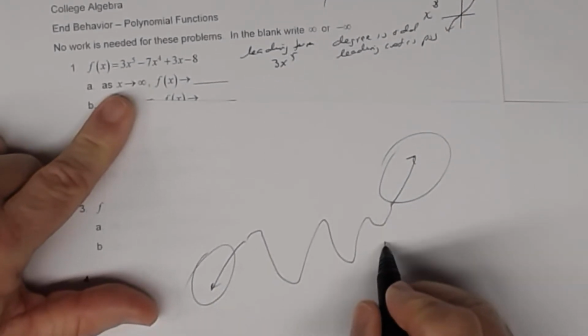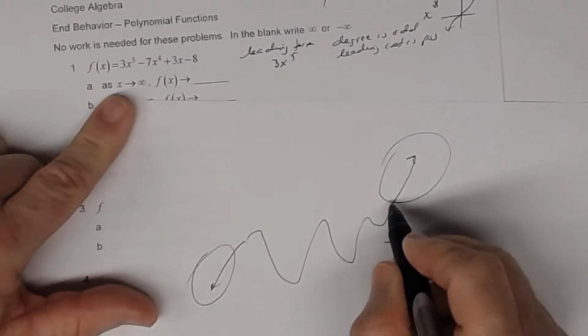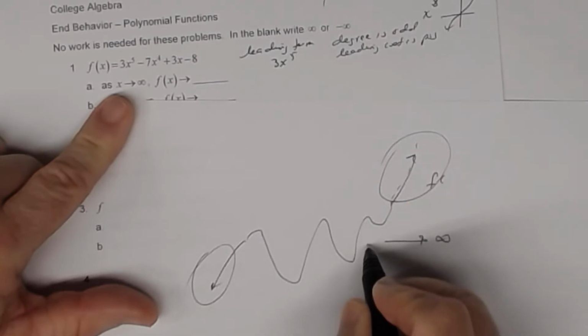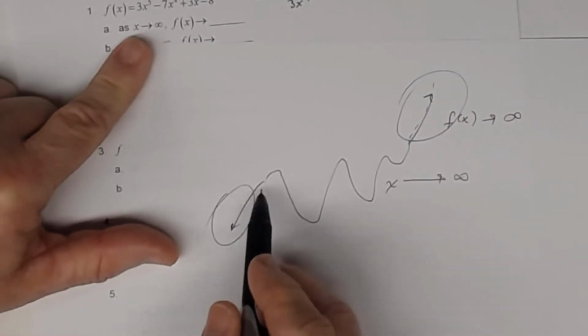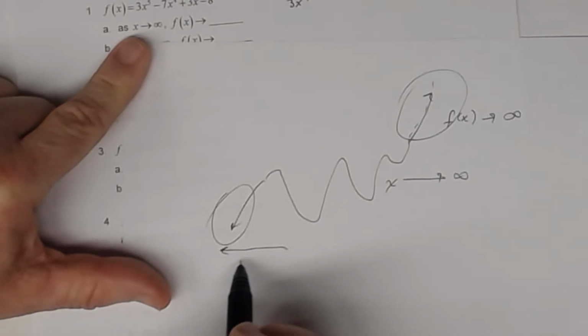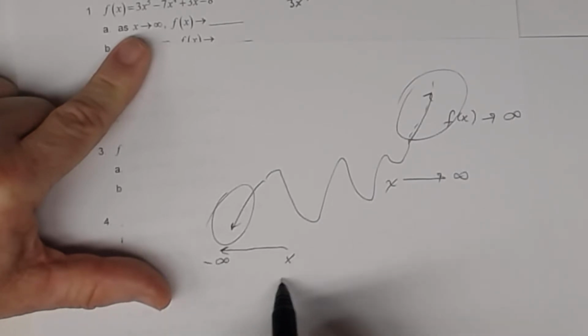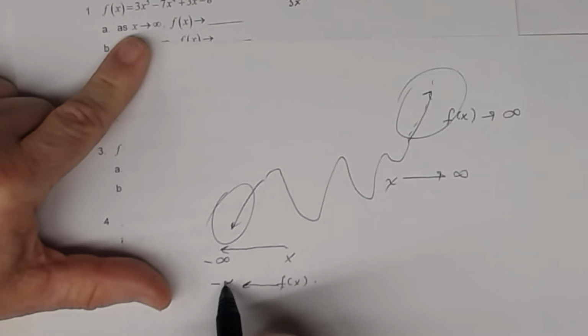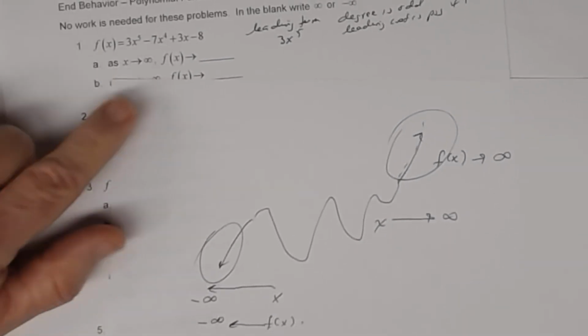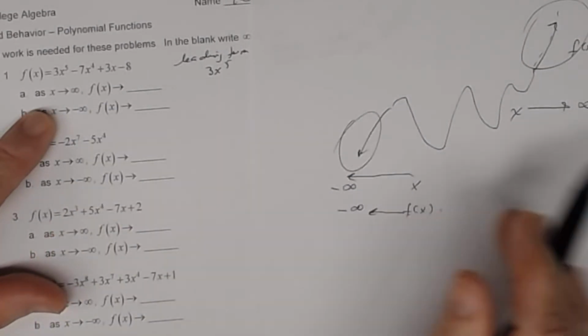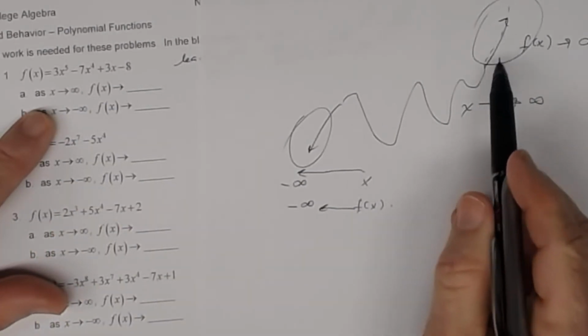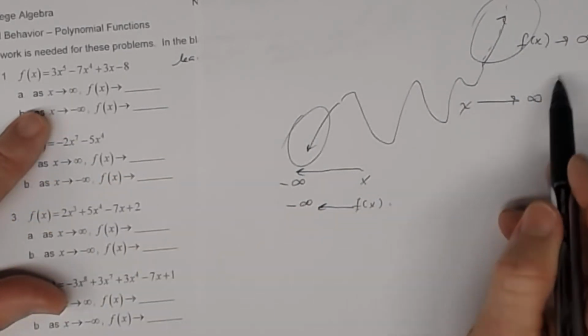So that means as x goes to positive infinity, my y values approach positive infinity. And as x goes to negative infinity, my y values go to negative infinity as well. All right, so for this answer, you're going to say as x approaches positive infinity, I know on my right, so x approaches positive infinity means what happens on the right.